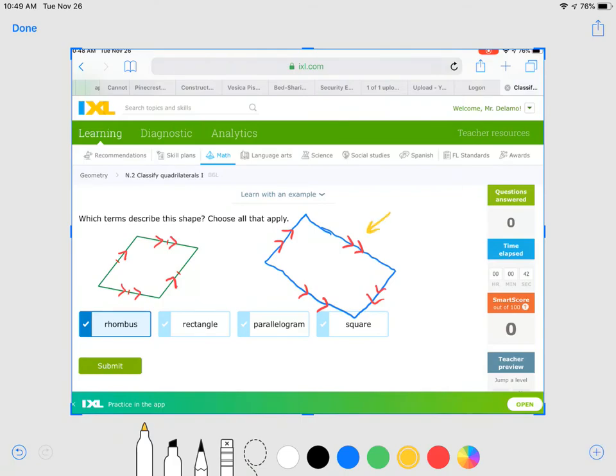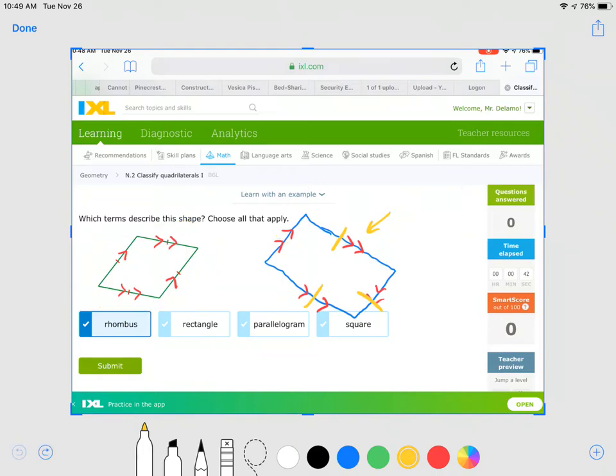So we're missing this information in a parallelogram. That's not true for a parallelogram.